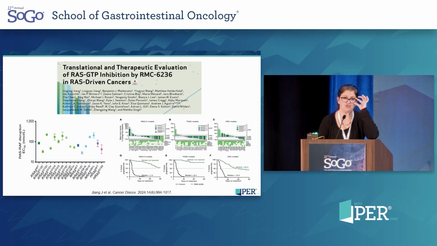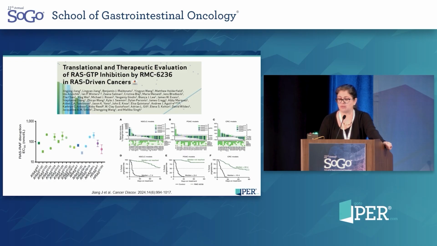So this is an agent that's not supposed to be just effective in KRAS mutated pancreas cancers or solid tumors, but also beyond codon 12, as well as for NRAS and HRAS.